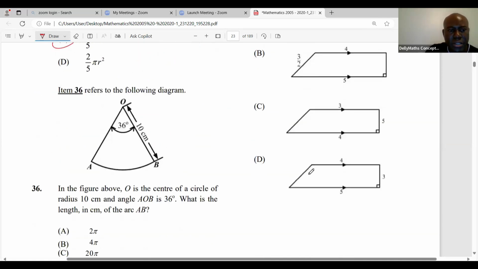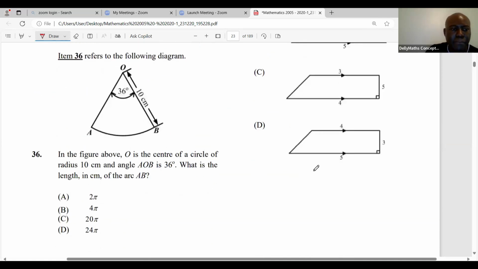Where is 36? Down here. Similar idea. So it says here, we have a central angle of 36, and what do they want? What is the length of the arc AB? So it's the same context where the angle at the center, which is 36 over 360, and now it's going to be times 2 pi r, because this is circumference now. 2 times pi, whichever way you want to write it, times r is 10.